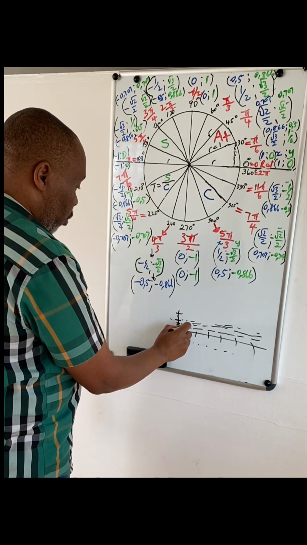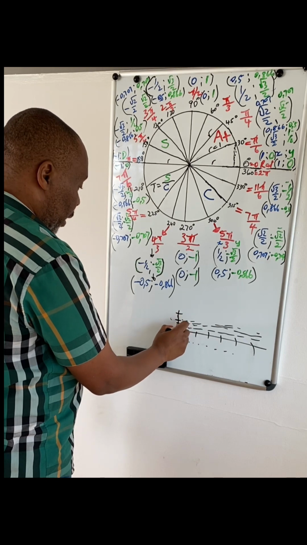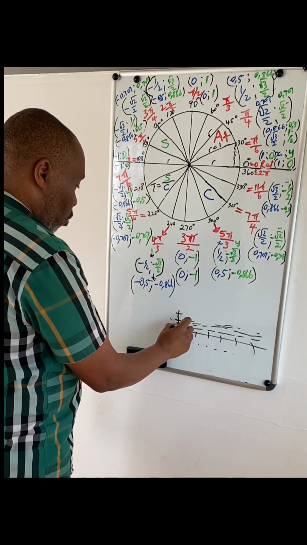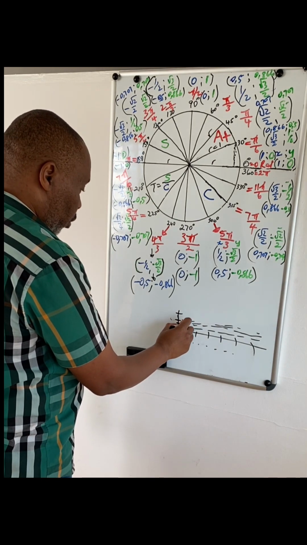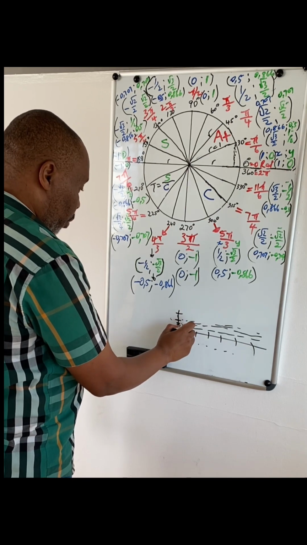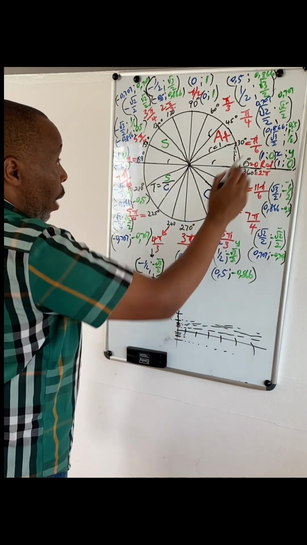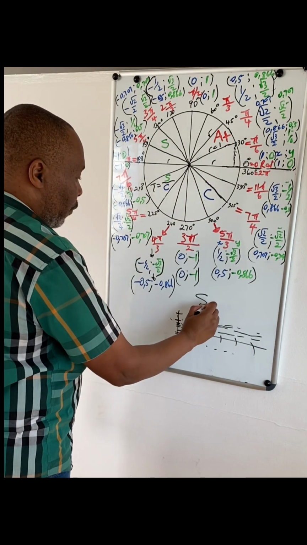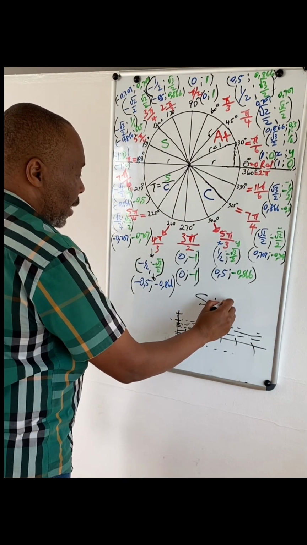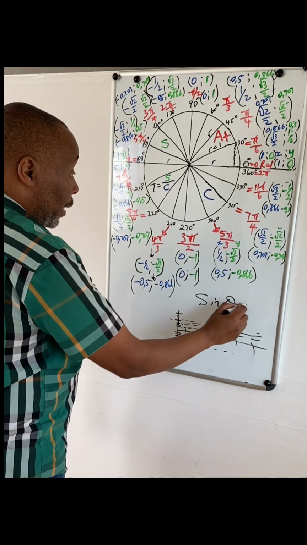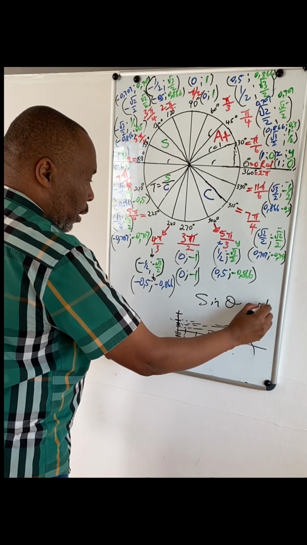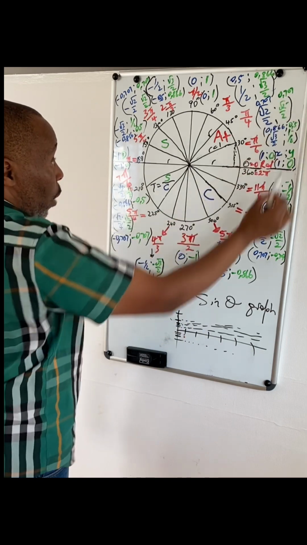We said this is 0.5 and 0.866, and that's the y. If this is the sine theta graph, we deal with y values.